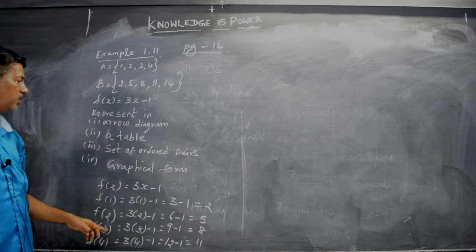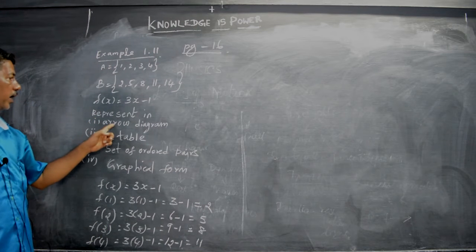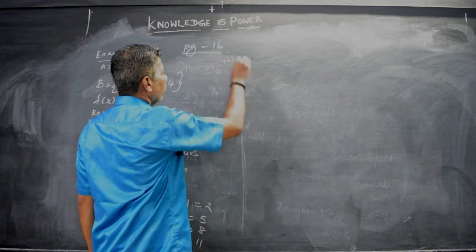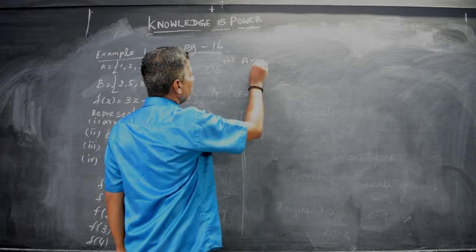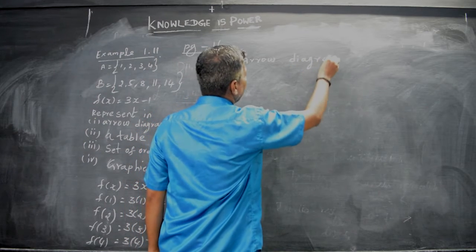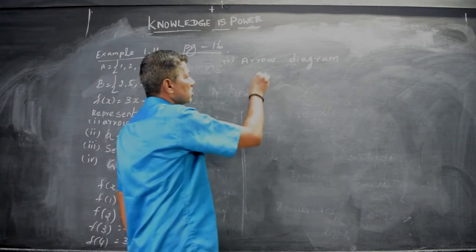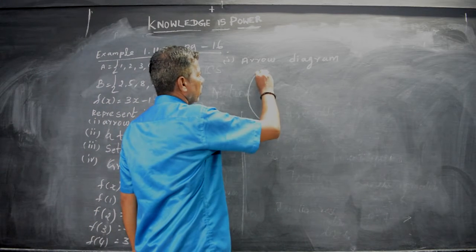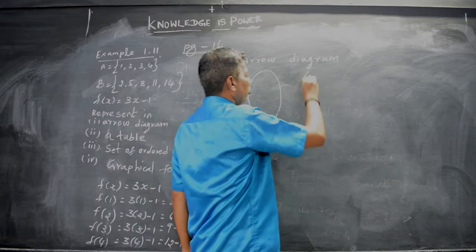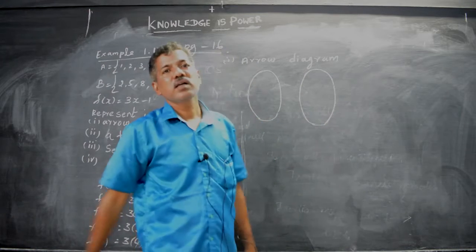After finding that, you go on to the question. First, Roman letter 1, arrow diagram. Already we have done so many things in this arrow diagram. So you have to use the concept of the parabola symbol.